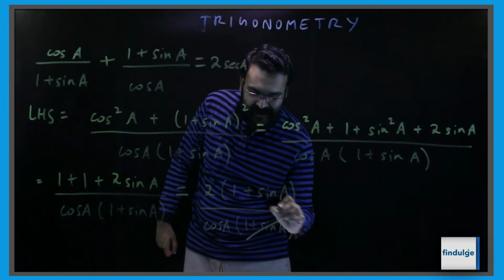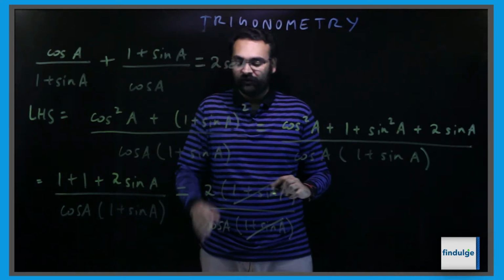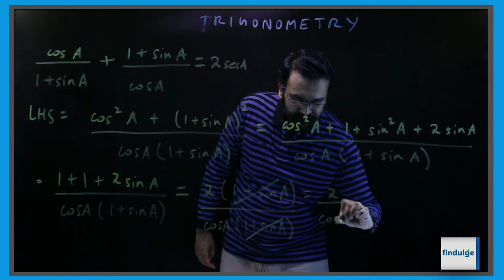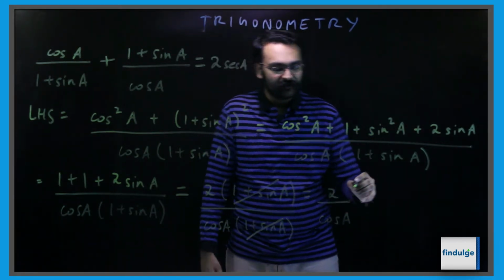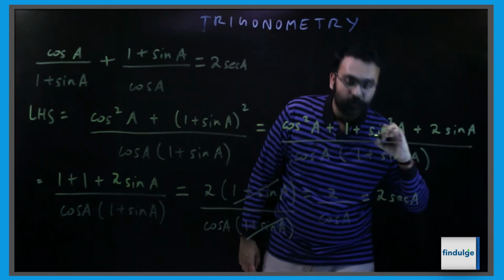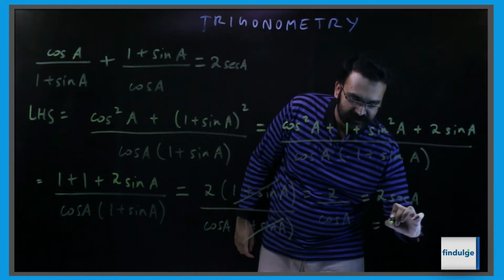So 1 plus sin A and 1 plus sin A get cut. We get left with 2 upon cos A, and of course cos A in the denominator just means 2 sec A, which is our RHS.